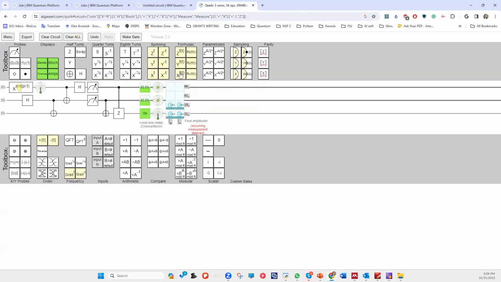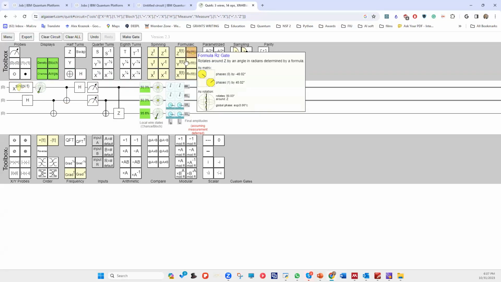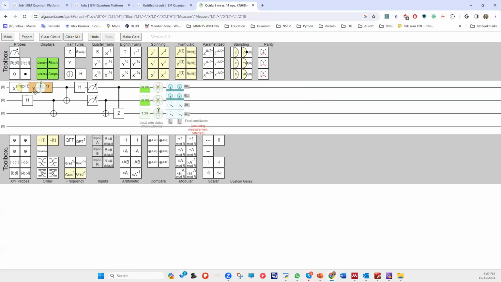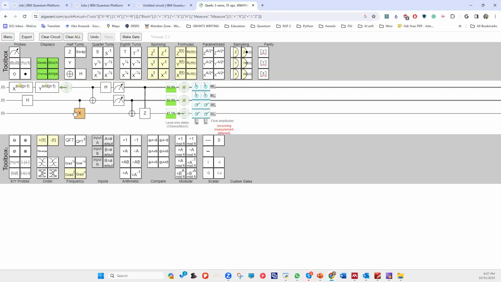If I apply this X rotation, a rotation of the qubit around the X direction, I see that this output third qubit gets exactly the same quantum state as the first one. I can also add the rotation around the Y axis, and it still completely copies the state of the first qubit.